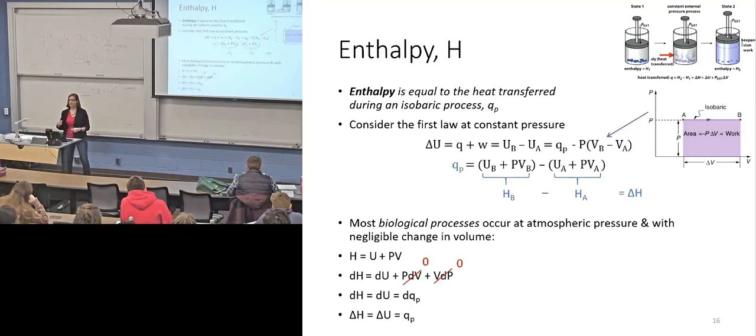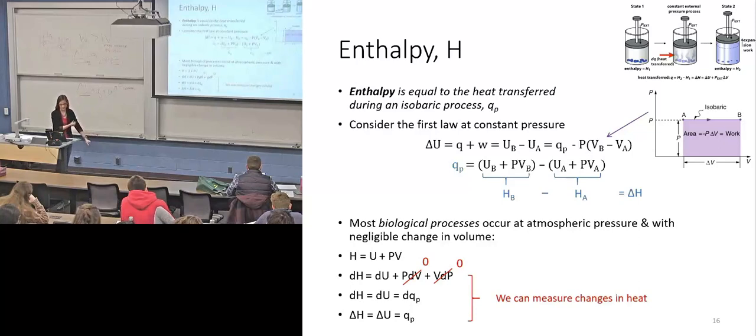Temperature and heat are the things we can measure. Actually measuring when the bond is breaking and all the bond rearrangements of enthalpy, not easy. Total heat change, easy to capture experimentally. So the reason we want this, we can measure changes in heat. That's when it's useful to us.